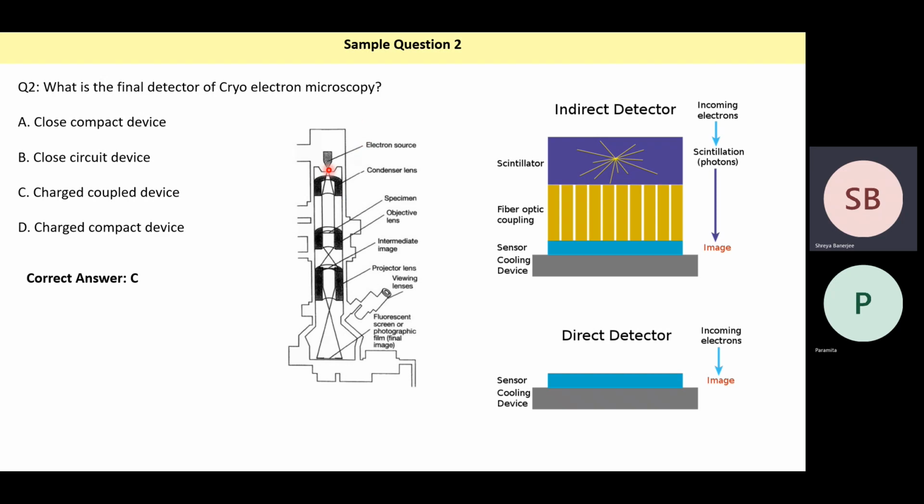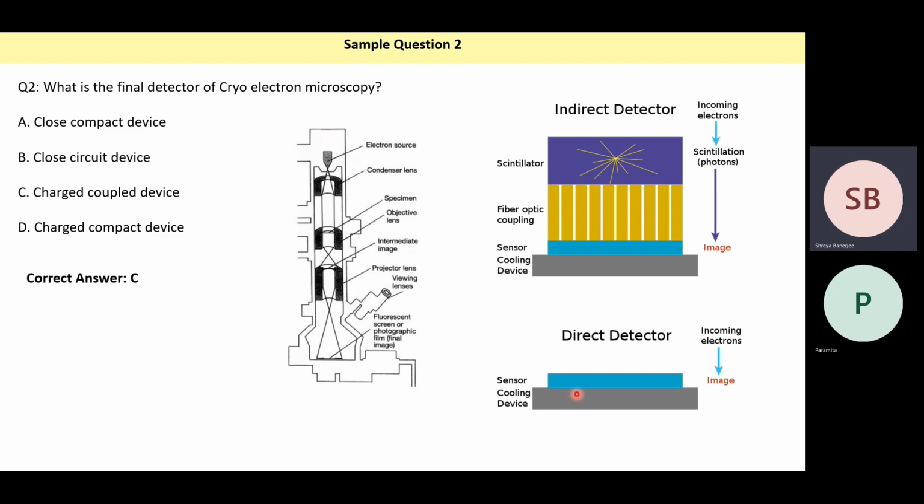If you remember, in cryo-electron microscopy, the electron source creates a beam of electrons which is condensed onto the specimen, passes through the specimen and the objective lens, and then it is detected. So this final detector basically consists of a scintillator. When electrons strike the scintillator, photons are generated, and photons give rise to an electric signal, which is then detected to form the image.